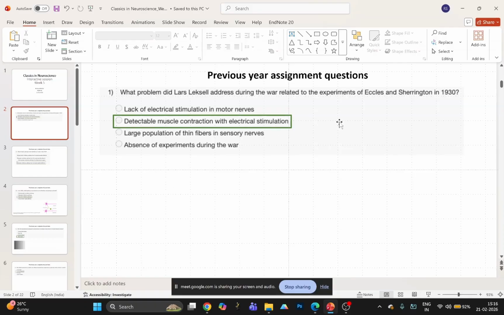Only that Eccles and Sherrington saw that the muscle is not contracting in response to the electrical stimulation. And the large population of thin fibers was the motor nerves, not the sensory nerves. The gamma motor neurons were the large population of thin fibers.